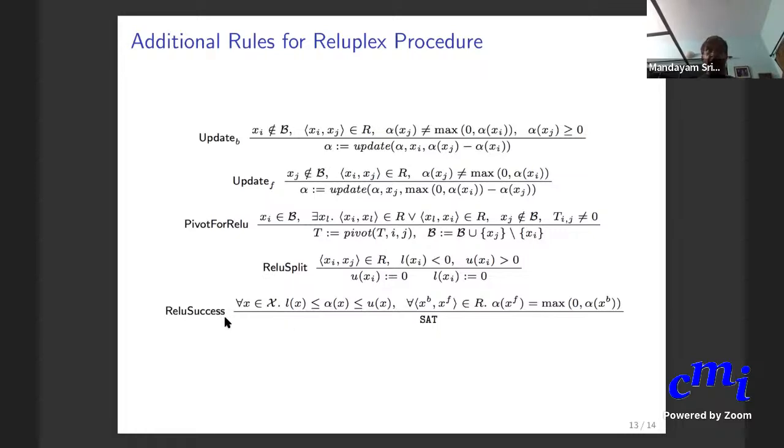It not only has to ensure that all the variables are within their bounds, which is what the first condition requires, but also that all the ReLU pairs in the network satisfy their ReLU constraint condition. Only then will you proclaim that it is a satisfying solution.